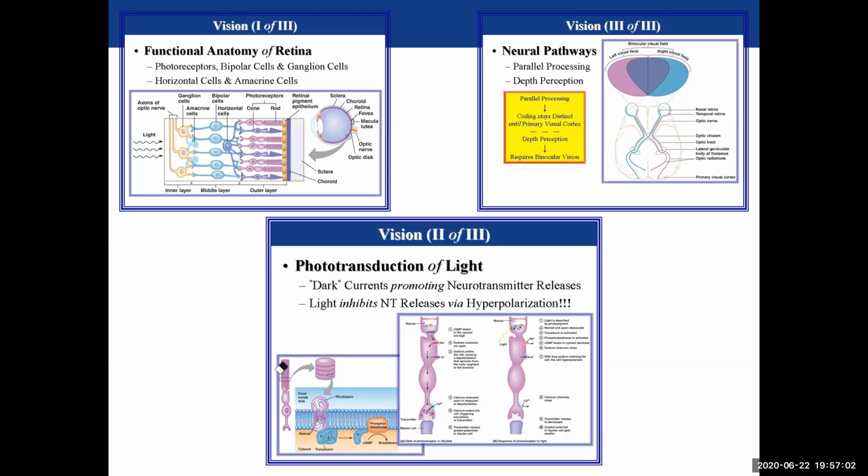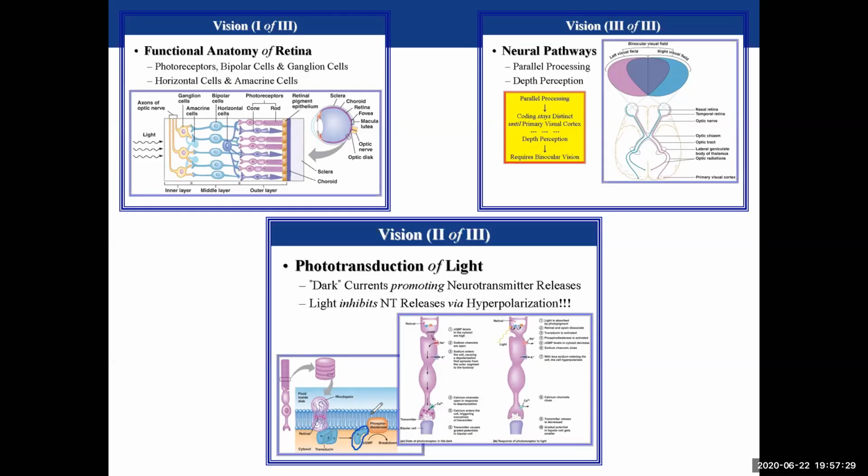Every time light strikes rhodopsin, the G protein is activated. More specifically, the alpha subunit of the G protein activates a membrane protein acting as an enzyme called phosphodiesterase. And that enzyme, phosphodiesterase, destroys the cyclic GMP.